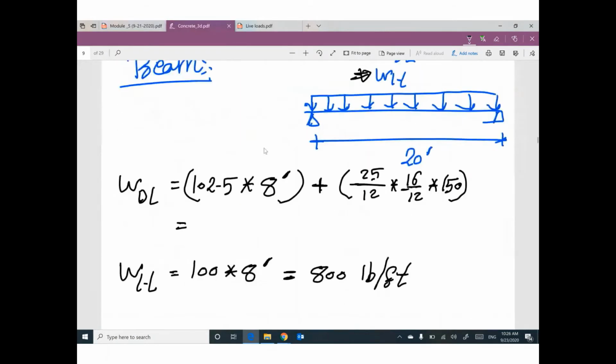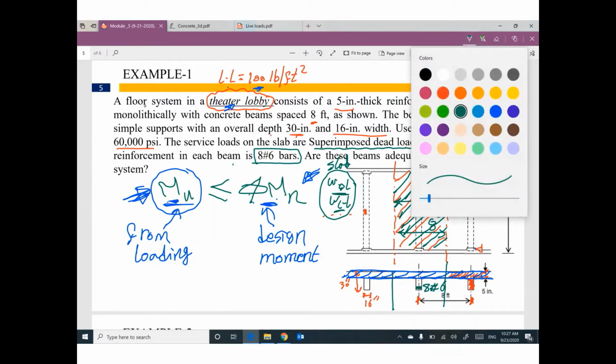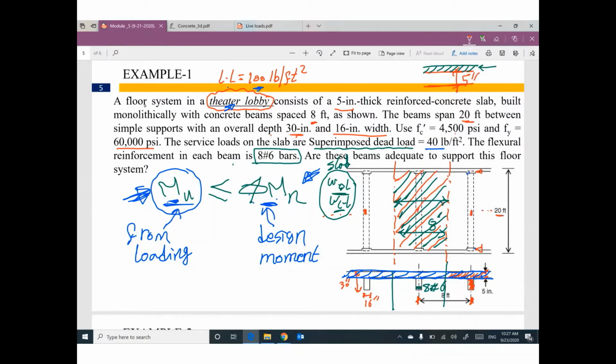Guys, before asking any question, we have W dead load and the W live load for the slab. If you multiply these values by this width, I can convert this surface load to distributed load on this beam. Do you agree?